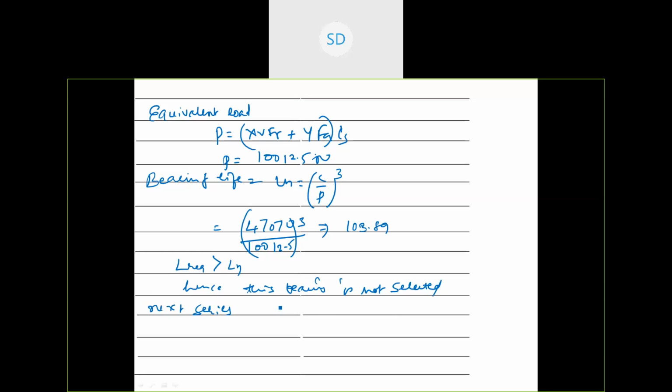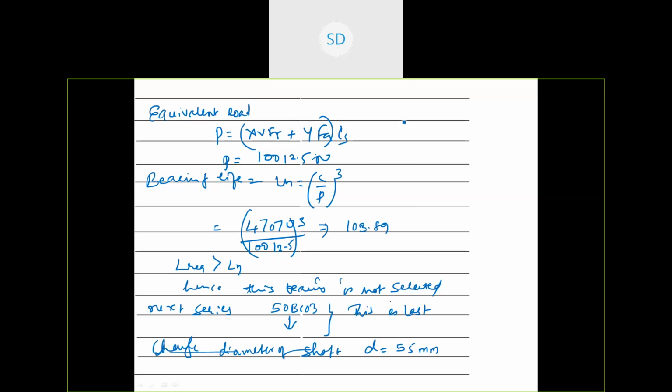Now again, you have done 50 BC03 here. Okay, in the data handbook, this is the last one. Okay, let us go for changing the diameter of the shaft. Now D has to be 55 mm.